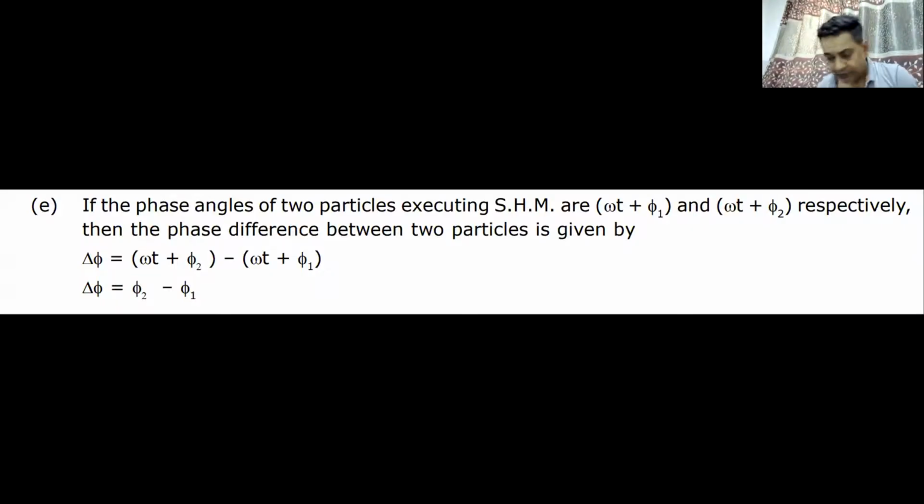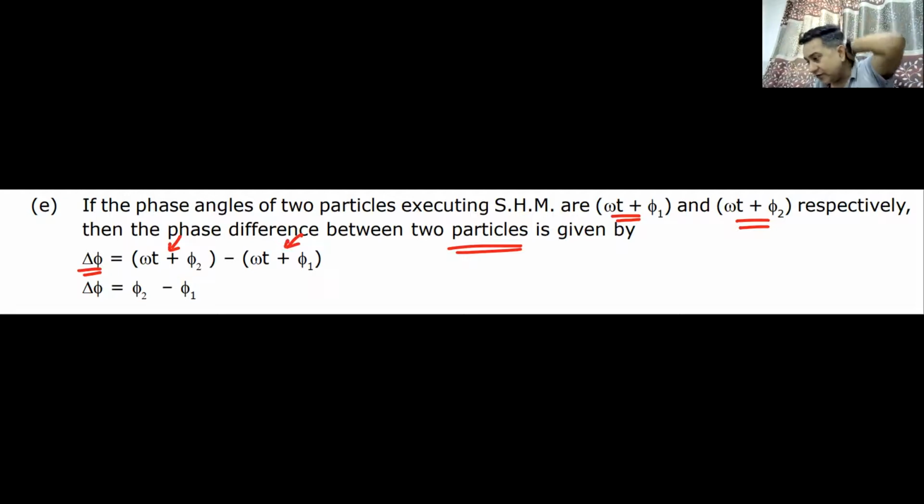Well, we have seen the meaning of phase difference. Now, if you have two waves or two particles executing SHM, one is having phase angle of omega t plus phi 1, the other one is having a phase angle of omega t plus phi 2. How do you find the phase difference between the two particles? Phase difference is omega t plus phi 2, which is the phase of particle 2, and we subtract the phase of the particle 1 from it.